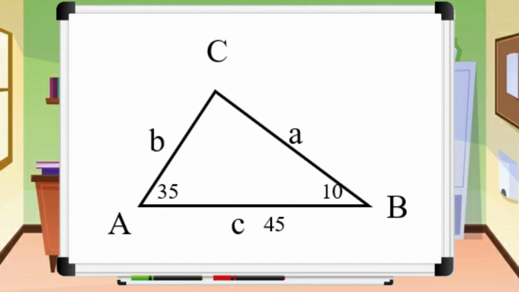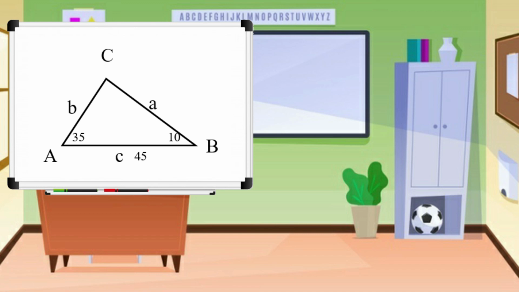Given the measurements of triangle ABC, can we solve for the unknown values using the procedure we've done for right triangles? And the answer is no. Oblique triangles can be solved using different laws.